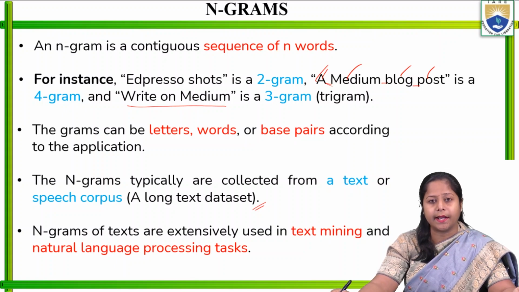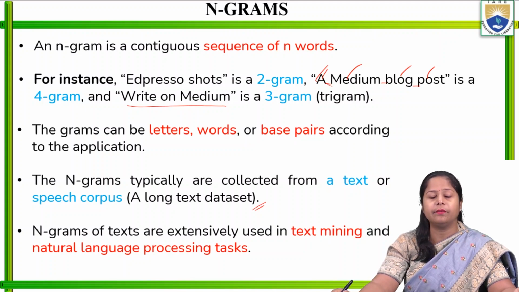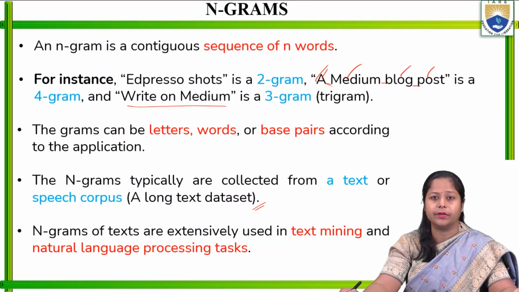N-grams of text are extensively used in text mining and natural language processing tasks. Whenever we take an NLP task, most probably we use n-grams to segregate the different words and combinations of words.